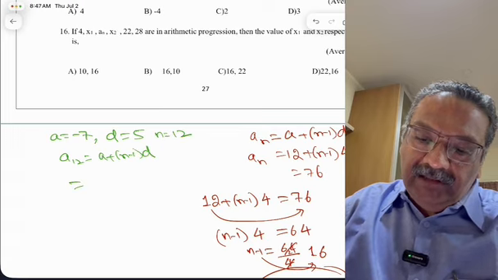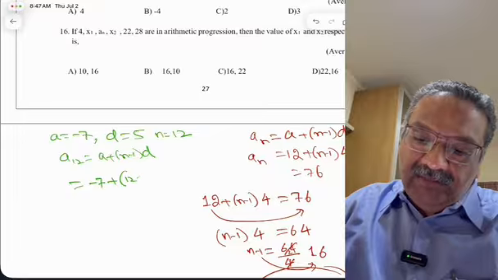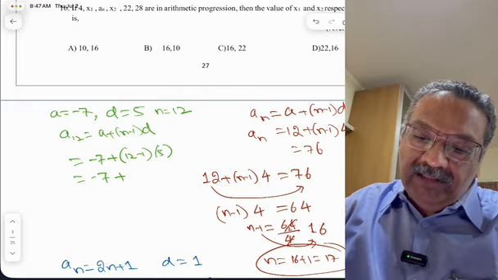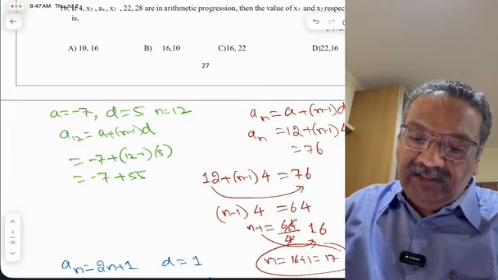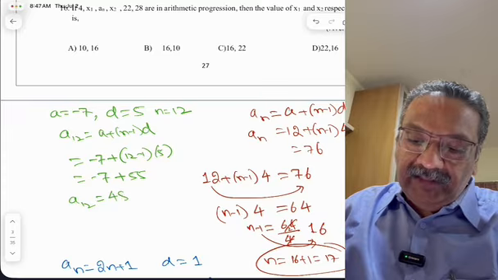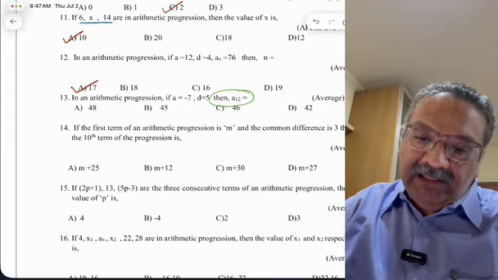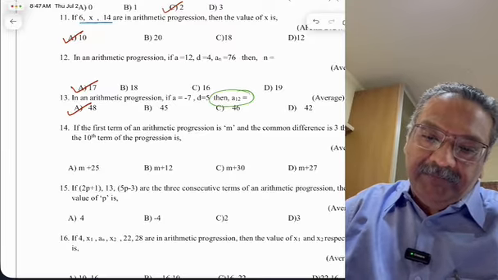Here n is 12. So minus 7 plus 12 minus 1 into 5. Minus 7 plus, 12 minus 1 is 11, 11 fives are 55. 55 minus 7, it becomes 48. So a12 is 48. So the answer is A, 48.